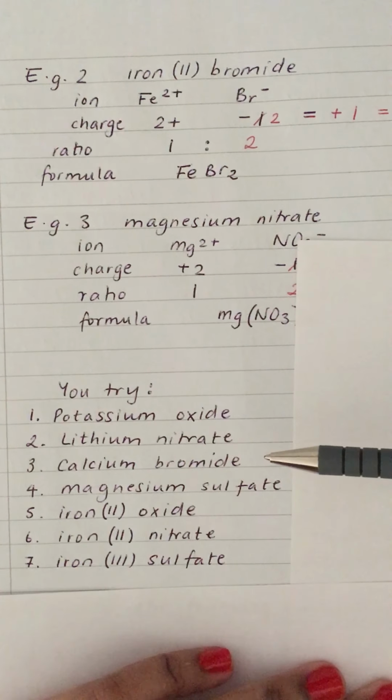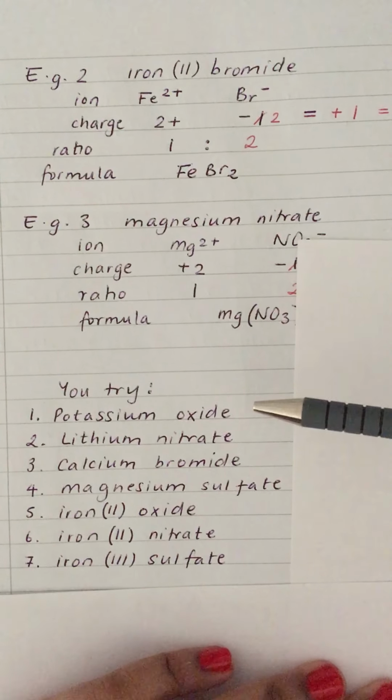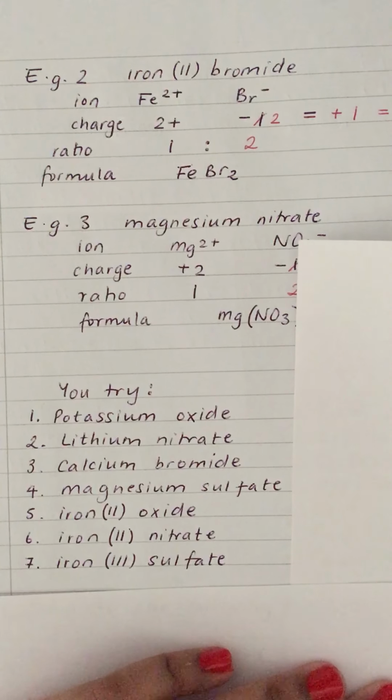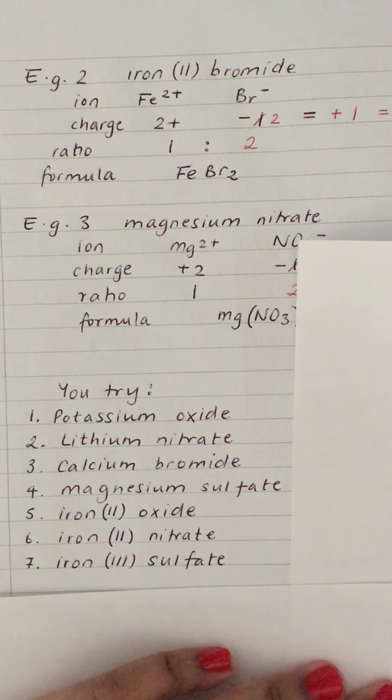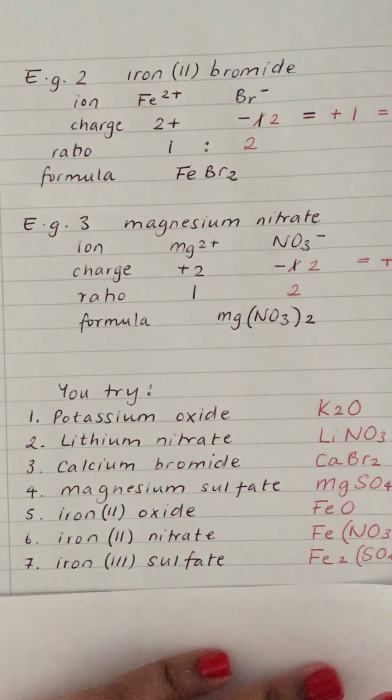Do the charges add up to 0? Do you need to amend the ratio of each ion? And then write out the formula. So if you just pause it now and have a go, maybe give yourself about 10 minutes to try, and I'll show you the answers now.